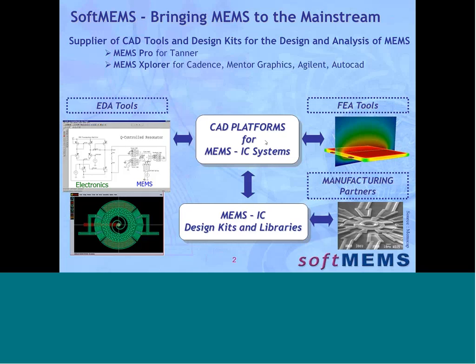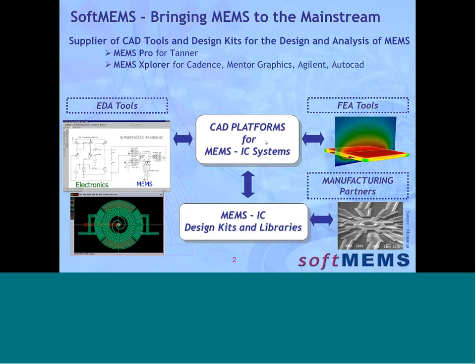And as shown on the lower right-hand side, we know that fabrication is very, very important to the design process, and the design of a proper fabrication process is very, very important. So we have very strong links in our tools to a variety of manufacturing partners and MEMS fabrication houses.